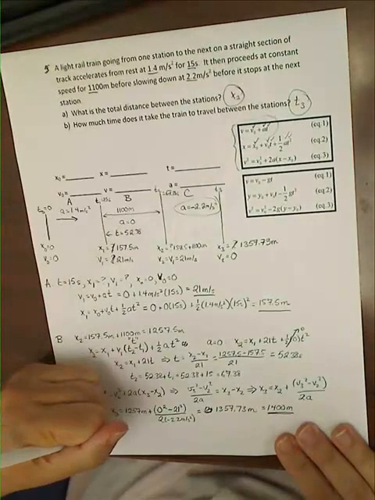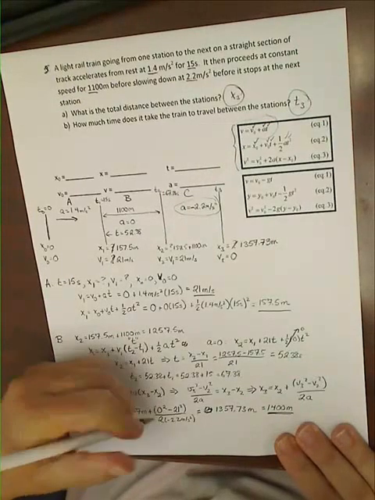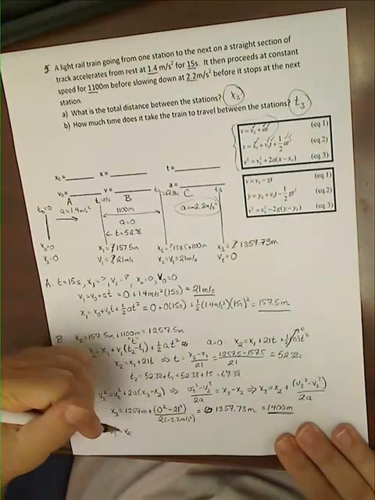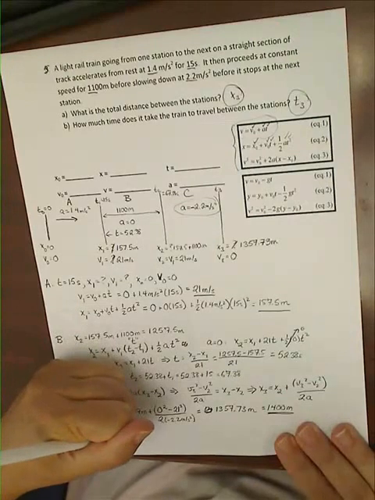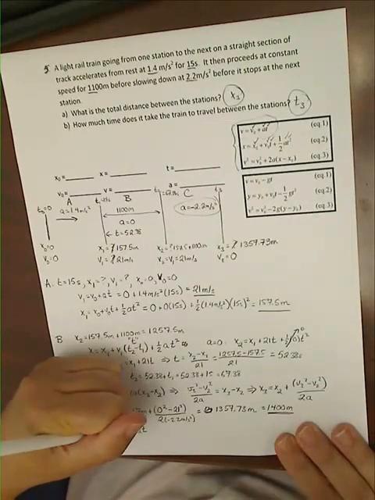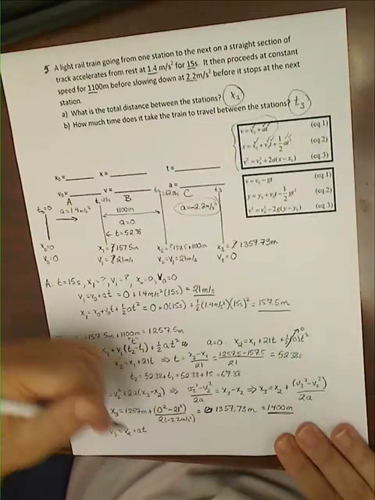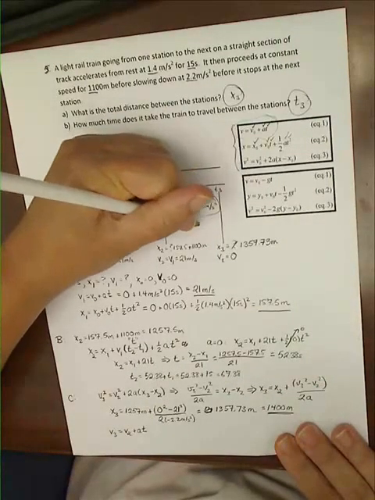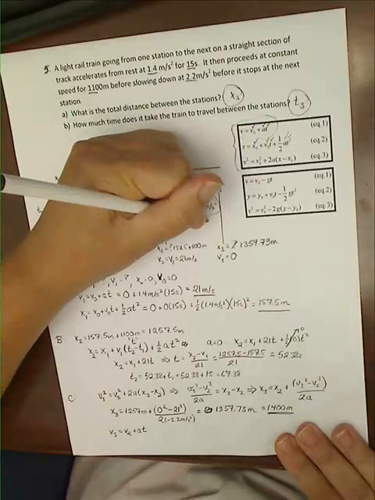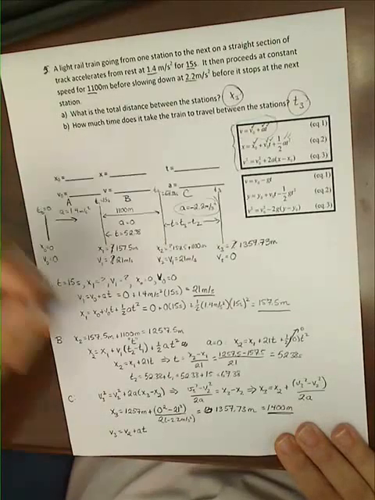All right, so v3, that's the final speed in position C, is equal to v2, that's the initial speed for position C, plus a times t. And t in this case is going to be t3 minus t2. It's the time between these two positions.